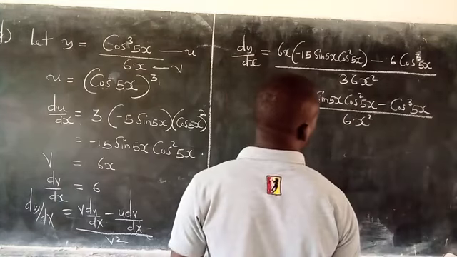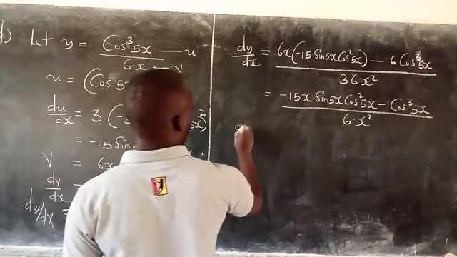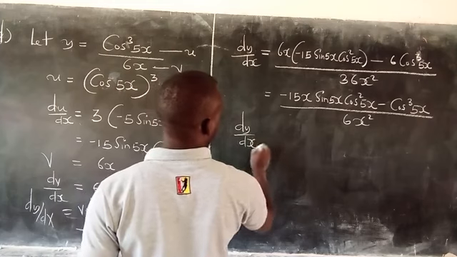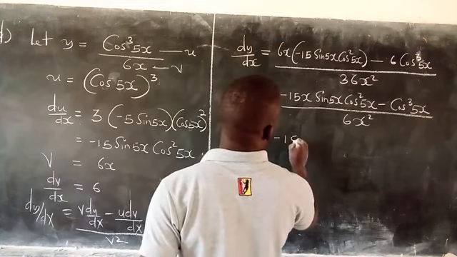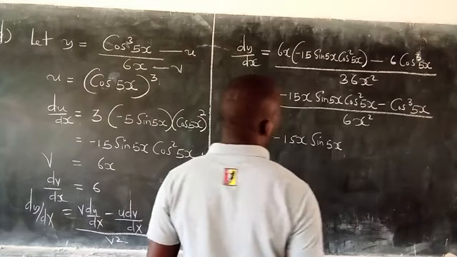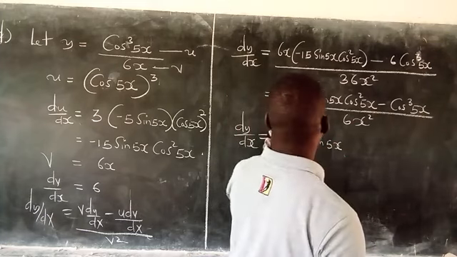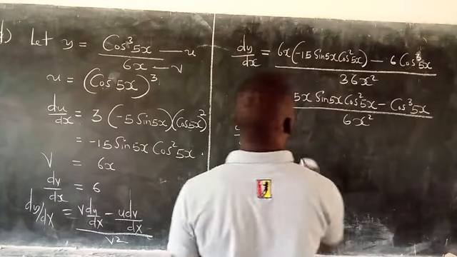And as you can see, our new numerator now becomes minus 15x sine 5x. I beg your pardon, I think you can pull out cos squared. You can simplify one, pull out cos squared.